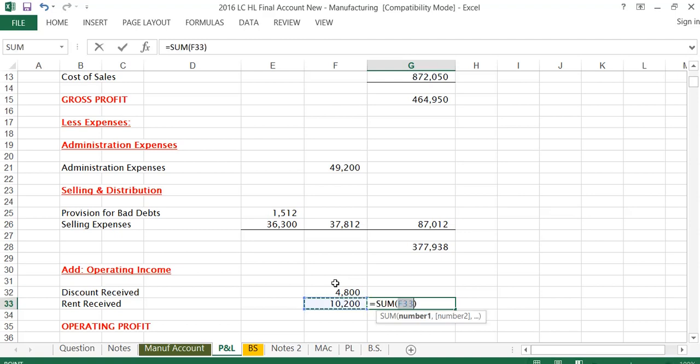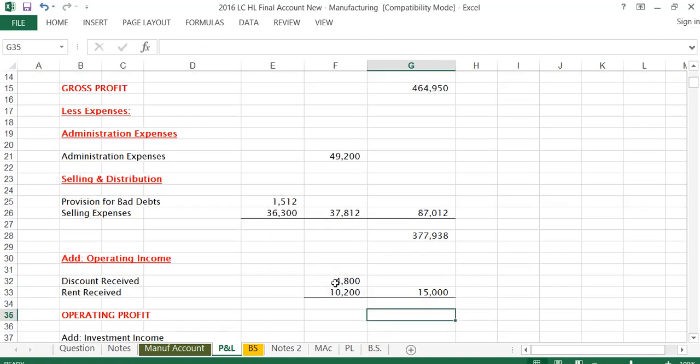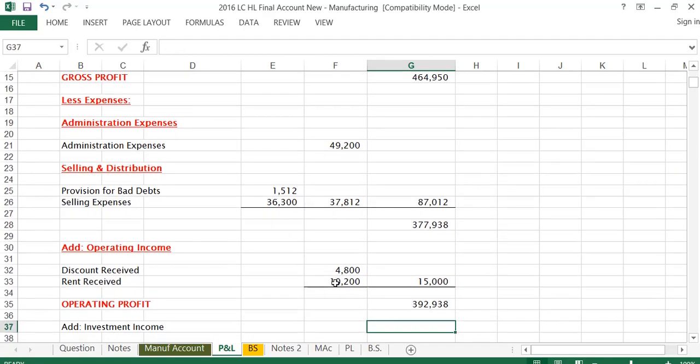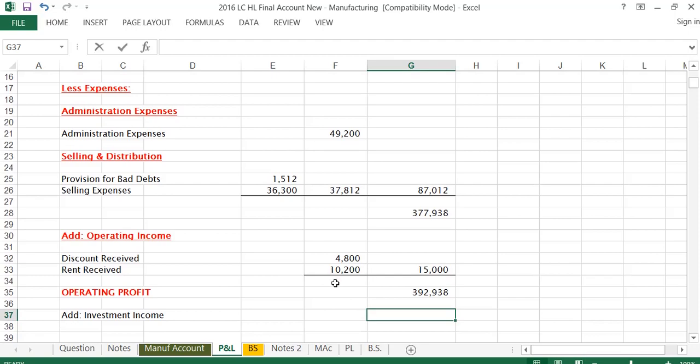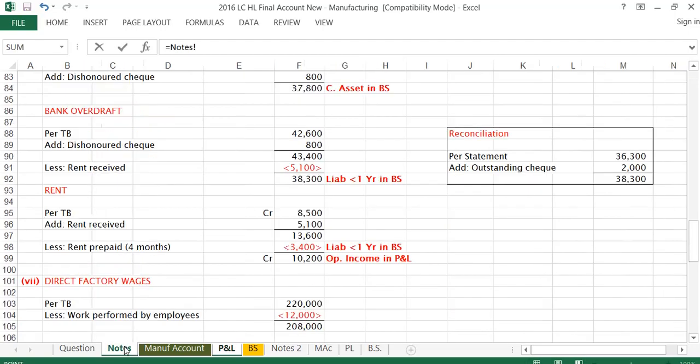So in total my operating income comes to 15,000. So I'm going to add the 377,938 plus the further income of 15,000 to leave the operating profit of 392,938.